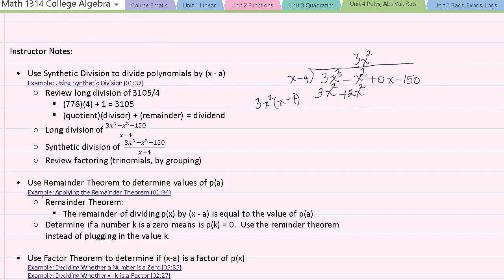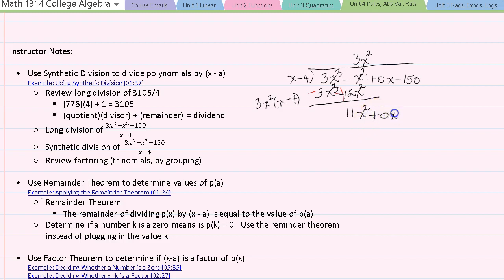Now when we subtract, we need to subtract both of the terms, so I tell my students to change the sign and change the sign and then add. Doing this will result in no more x cubed terms, a positive 11x squared, and now I bring down my 0x term and divide again.